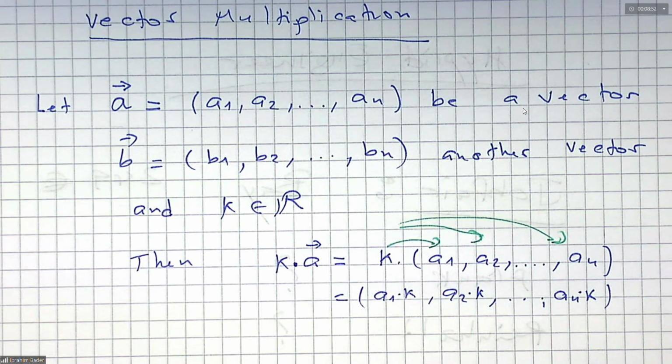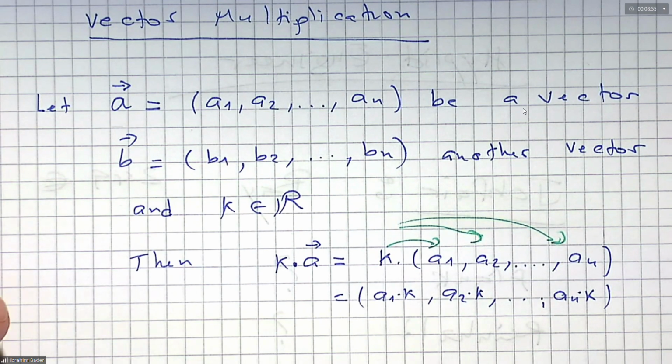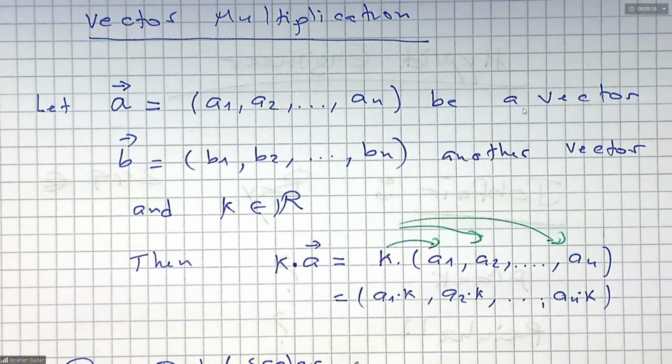So when we talk about multiplication of a vector with another vector, we have two different multiplication rules. The first one is the so-called dot, or sometimes it's also referred to as scalar, or sometimes even the inner, product of vectors.